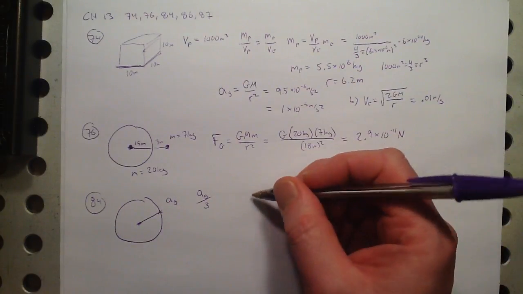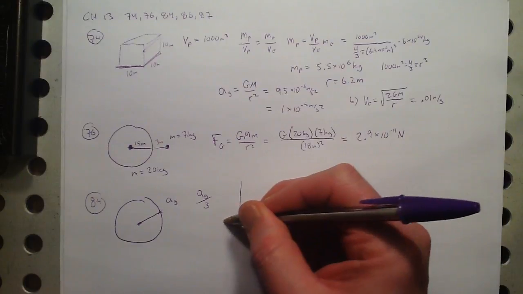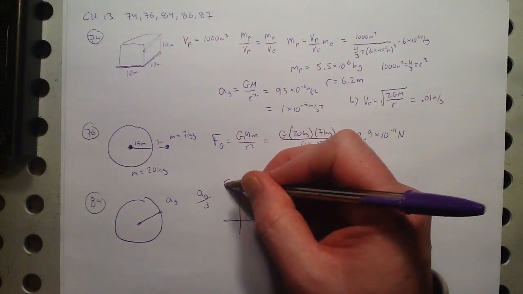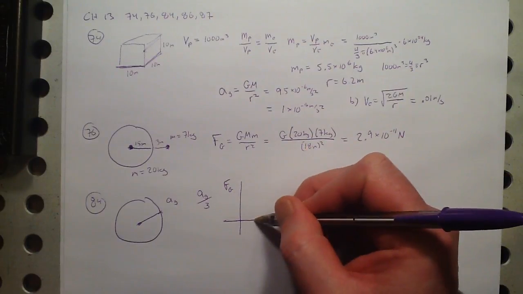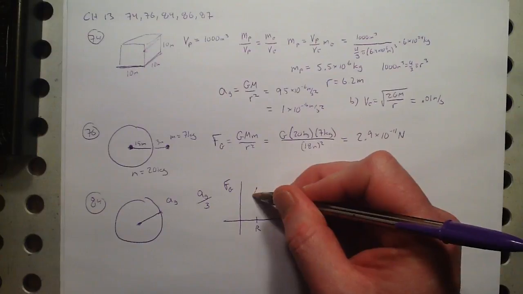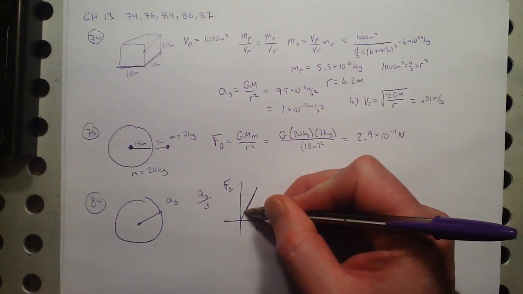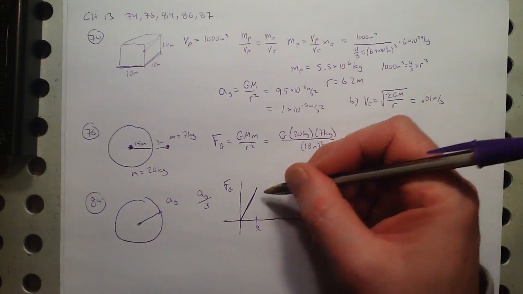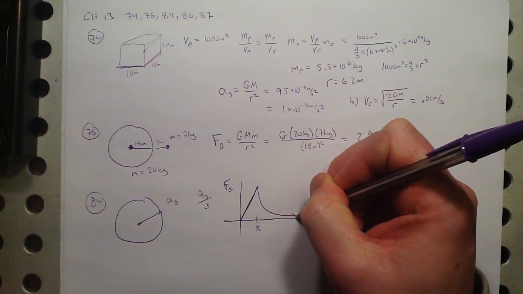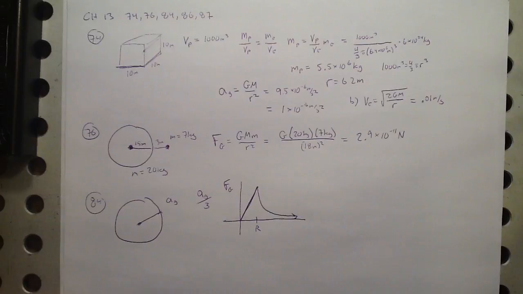Well, on the inside, remember what the gravitational force looks like inside and outside. If you're inside something, then it's linear up to that point. You can review in your notes why that's true, and then it's inverse square outside.